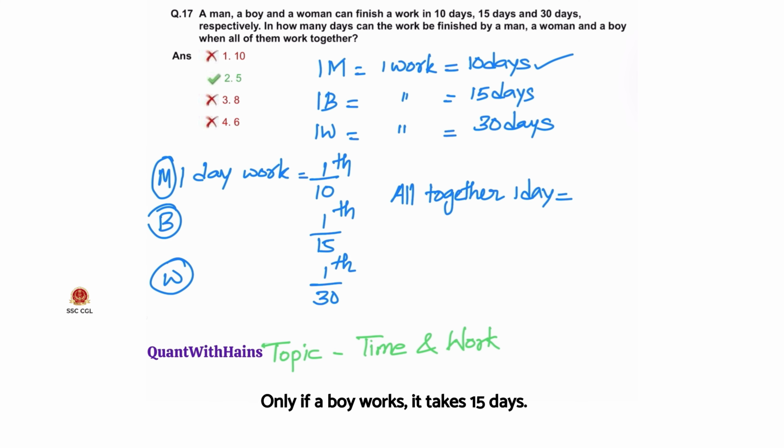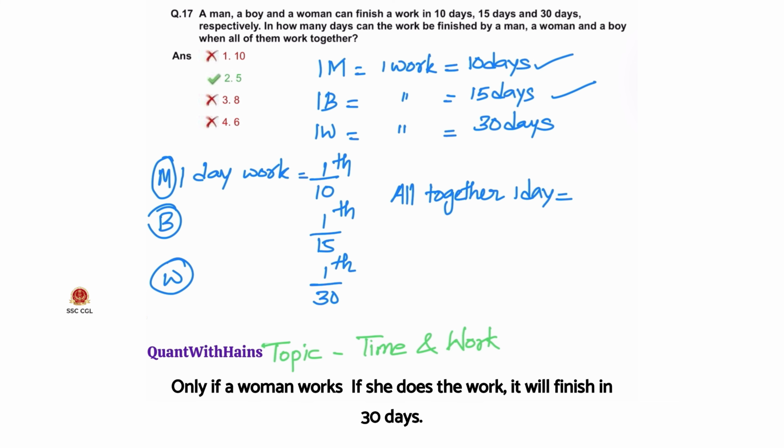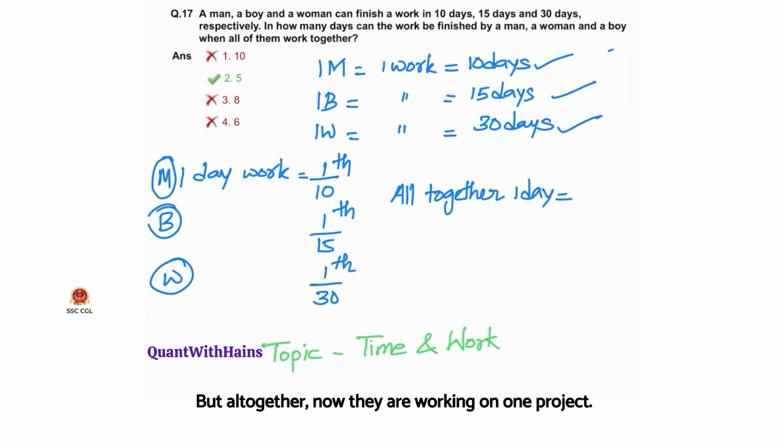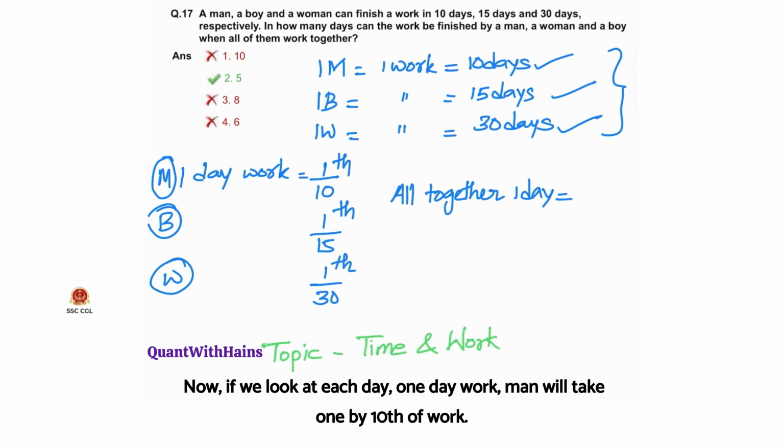Only if the boy works, it takes 15 days. Only the woman, if she does that work, it will finish in 30 days. But all together, now they are working on one project. How long would they take to complete the work? Now if you look at each day, one day's work, the man will do 1/10 of the work.